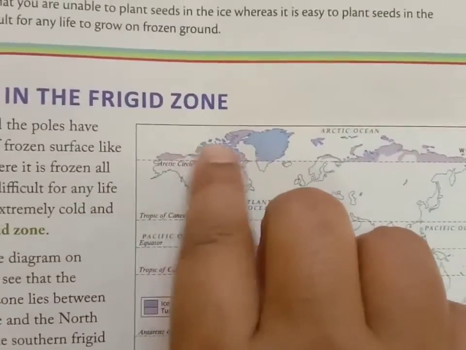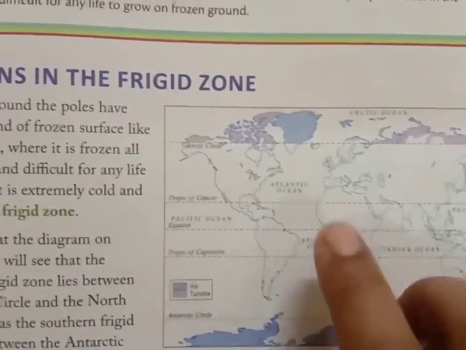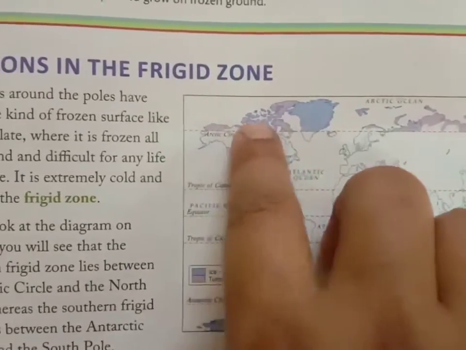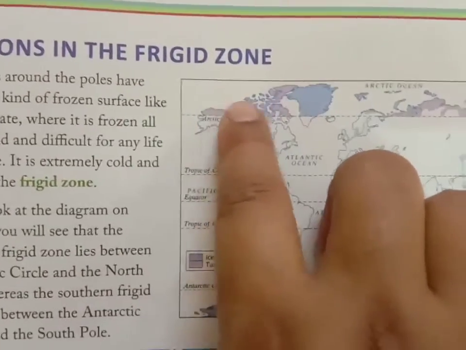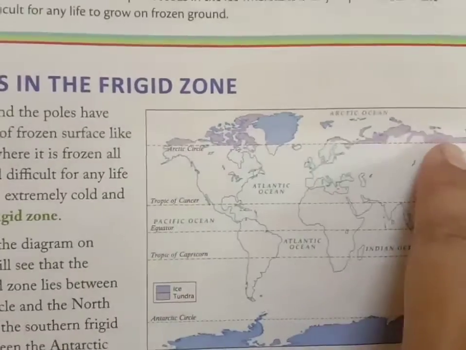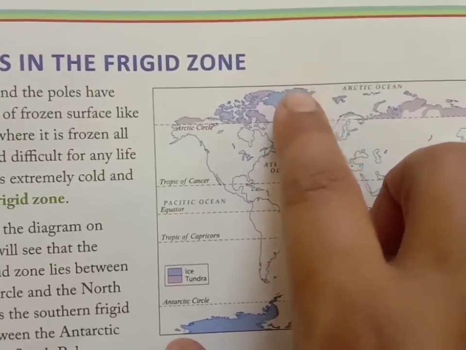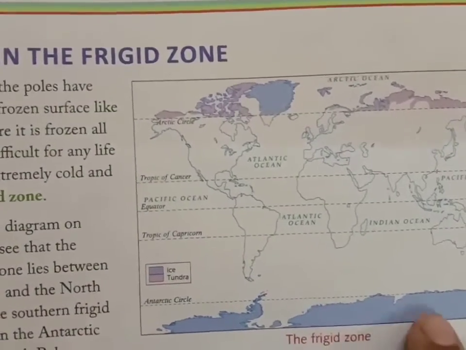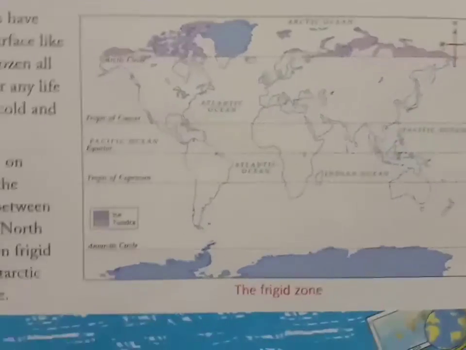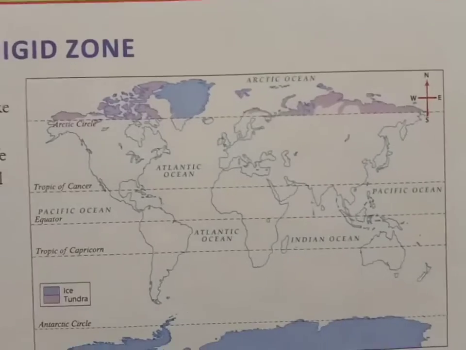But in Greenland, this total place is in the ice. The tundra region has vegetation, different kinds of moss, lichens and so on. But in the place covered by ice, we don't get this. Only in the summer season, especially in the tundra region, we get a little bit of vegetation.